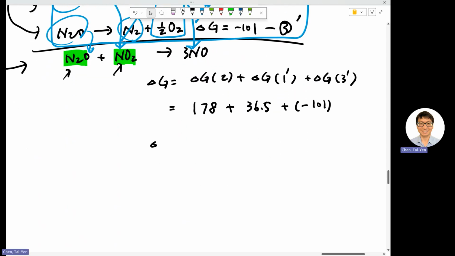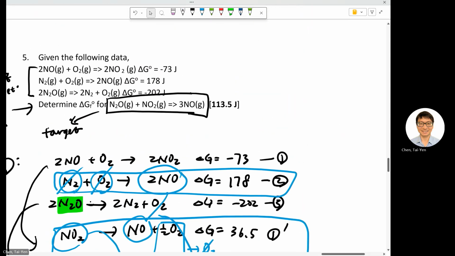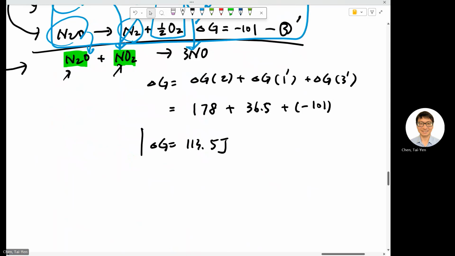Therefore, your new delta G is going to equal 113.5. Is it joule or kilojoule? It's joule, yeah. So that will be your answer.